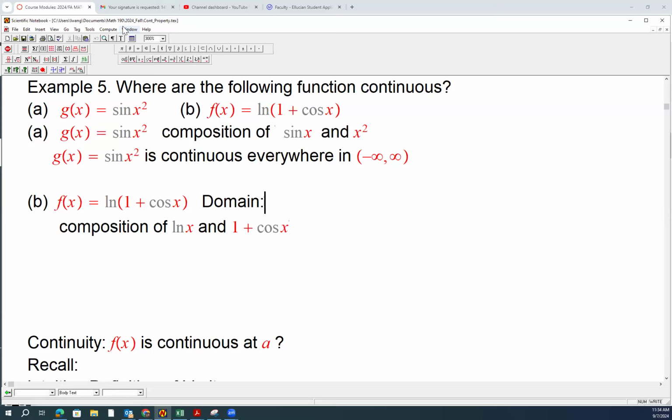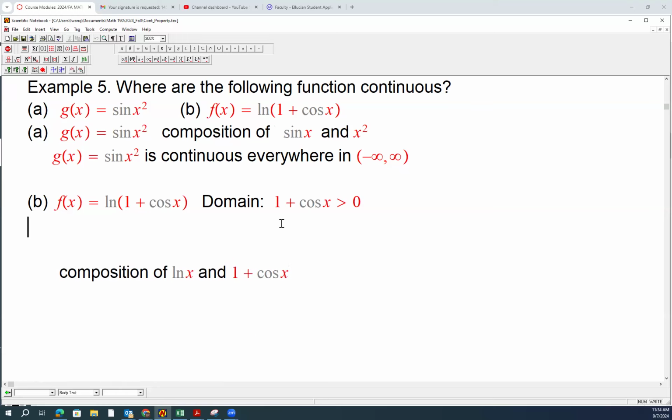So to determine the domain, we need to ensure 1 plus cosine x must be larger than 0. And this implies, subtract 1 on both sides, cosine x has to be larger than -1.